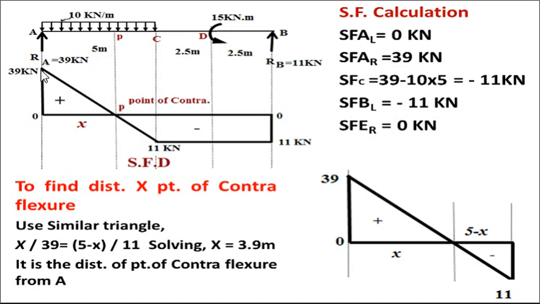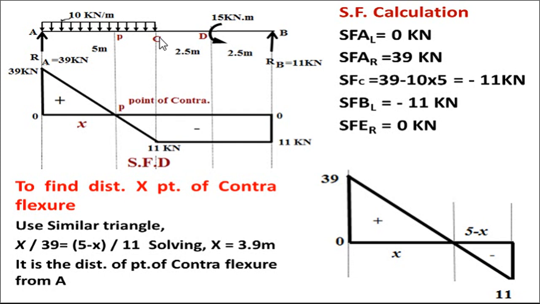So what you have to do is 39 minus 10 into 5, because 39 is upward but this UDL is downward, 10 into 5 intensity. So plus 39 minus 10 into 5 means 39 minus 50, it will be minus 11. Means below point C it will be minus 11, so this ordinate is minus because we have drawn it below this zero line.